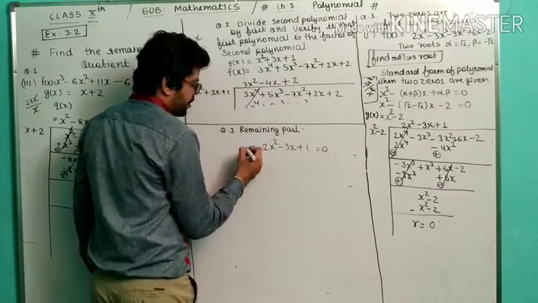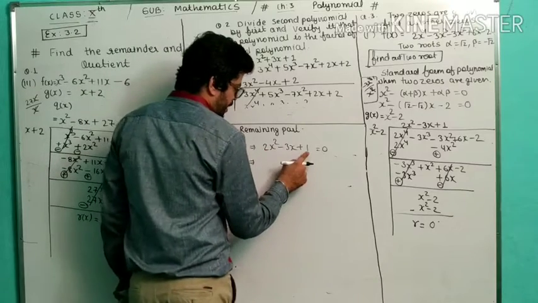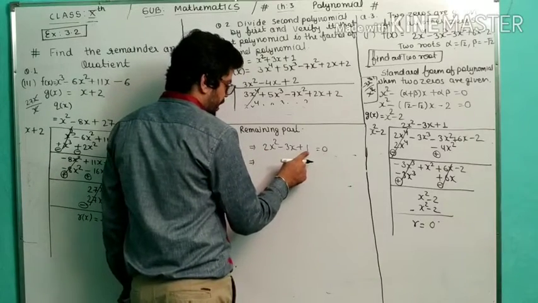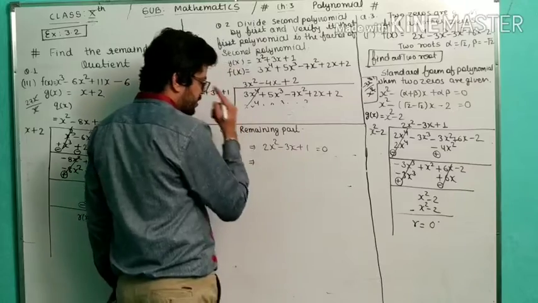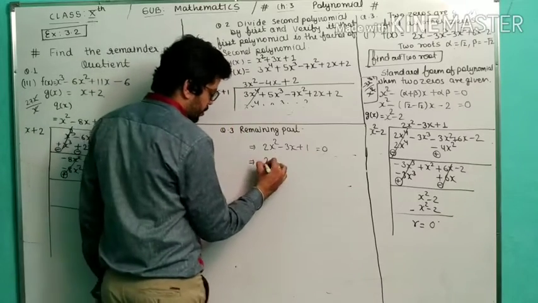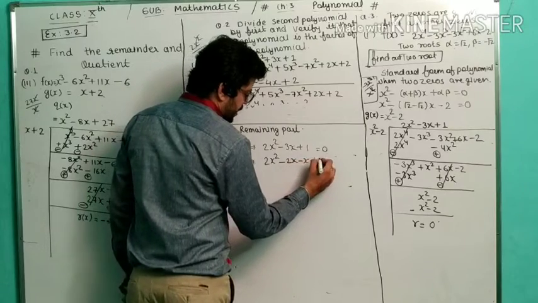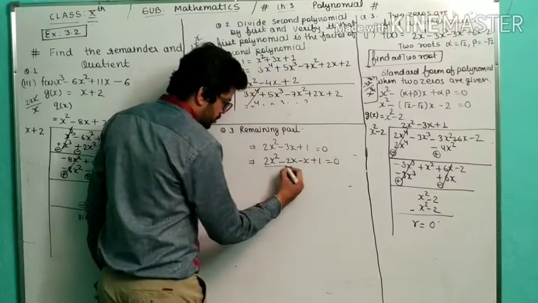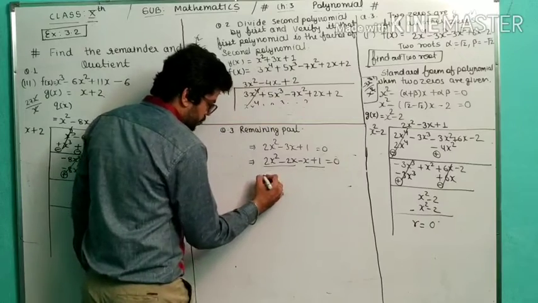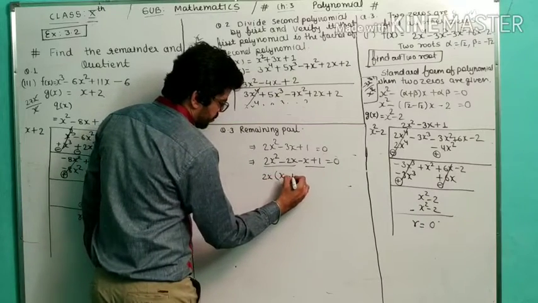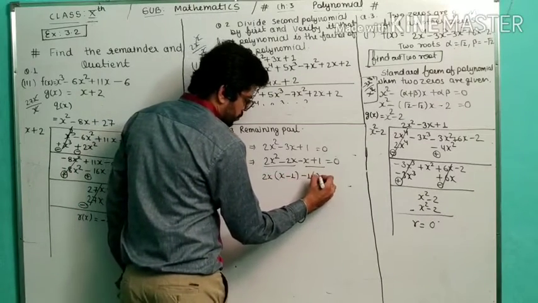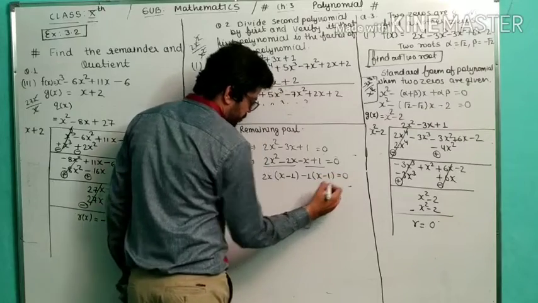We have to solve it by factorization. When we multiply, the answer is 2, and when we add and subtract, the answer is minus 3x. So it is very easy. 2x square minus 2x minus x plus 1 is equal to 0. So making 2 pairs, common is 2x, x minus 1, minus 1, x minus 1 is equal to 0.